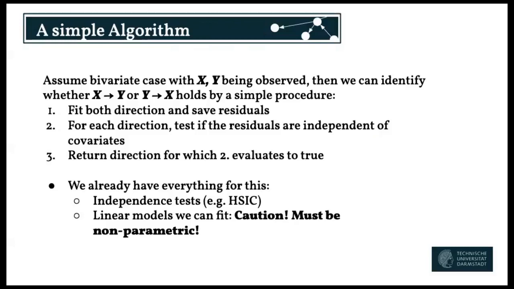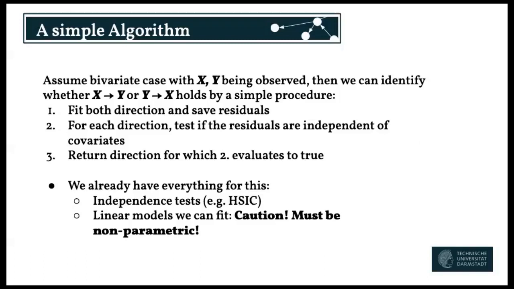So it's similar to what you would use in PC, for instance. You can then simply test whether the residuals are independent of the covariates or not. And once you found the direction for which the independence holds, then you simply can say, well, yeah, that's the correct causal direction.